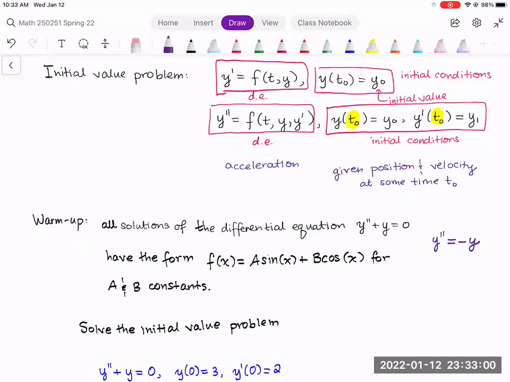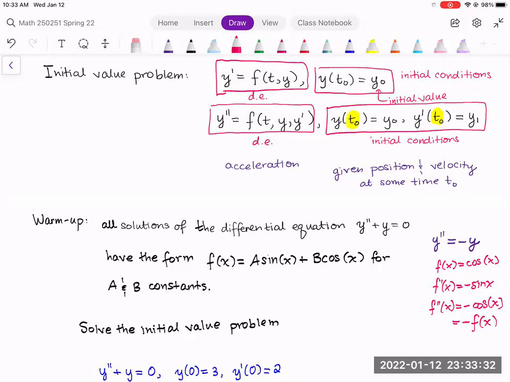And similarly, cosine satisfies this as well. So if f of x equals cosine x, its derivative is negative sine x, and its second derivative is negative cosine x, which is negative f of x. Just the original function negated.